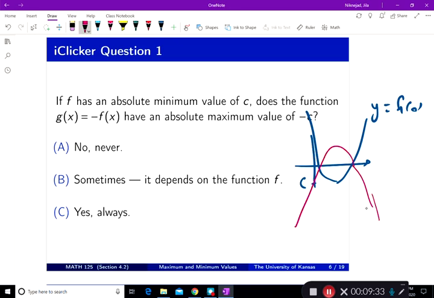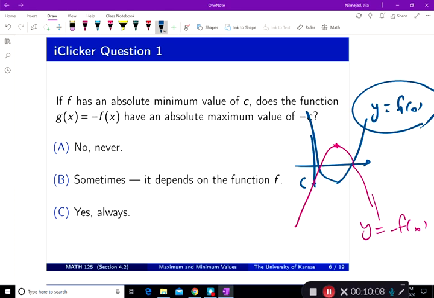It's the mirror image over the x-axis. If you compare the two, you realize that this function is going to have a maximum right above there. This is just to give you an idea of how this works, because I don't know if my f of x looks like that.